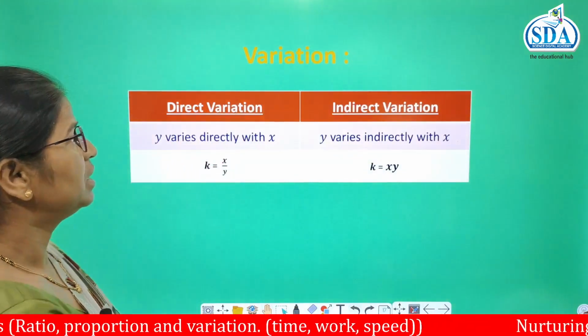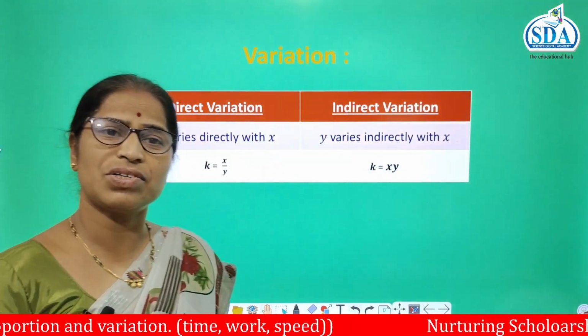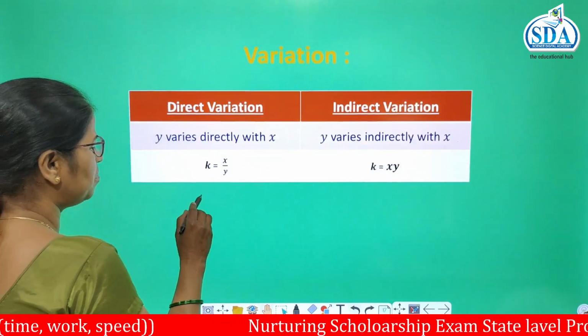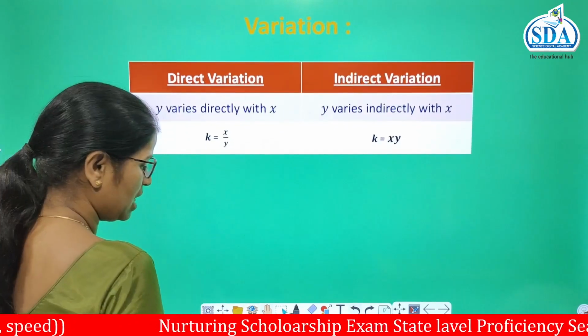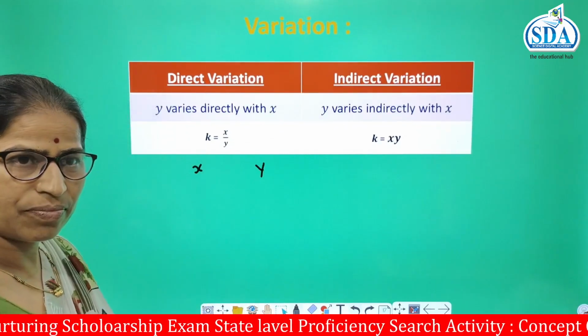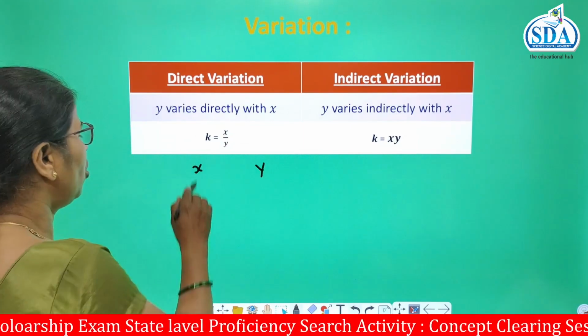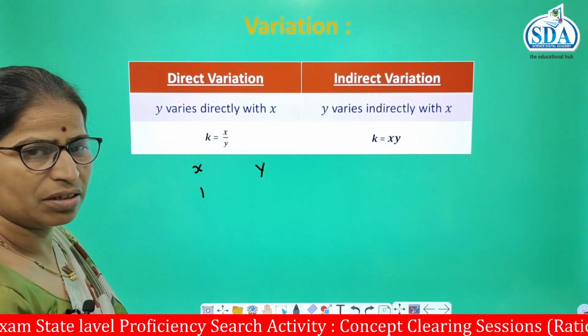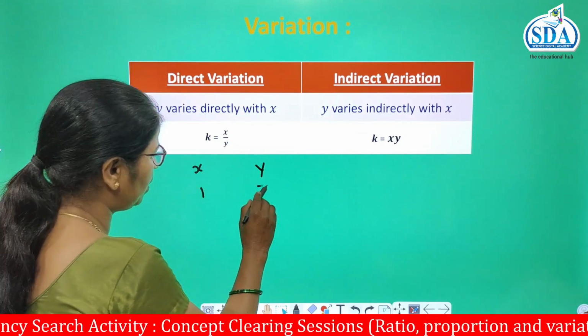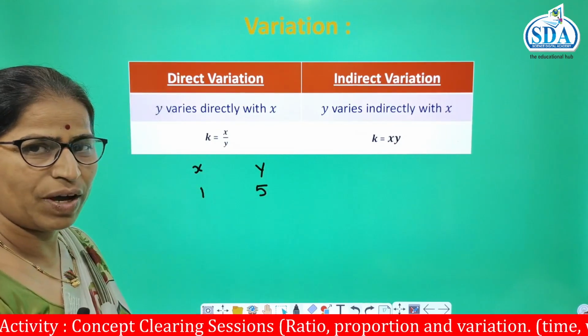Now, the next concept, that is variation. If one quantity, suppose we consider as X and another quantity we consider Y. Suppose quantity X is the number of pens and Y is the price of pens. Suppose one pen costs ₹5.